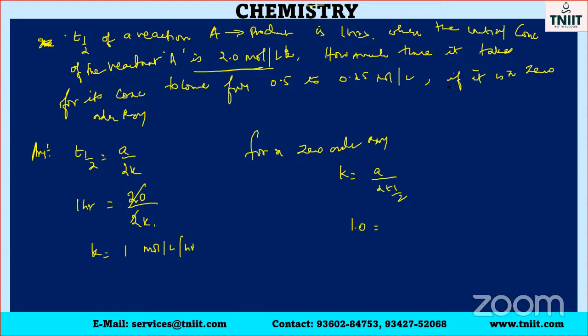That is equal to, they're asking how much time is taken for its concentration to come from 0.5 to 0.25, which is a 50% reaction, so 0.5 divided by 2 into T. So T half for this reaction is 0.25 hours.